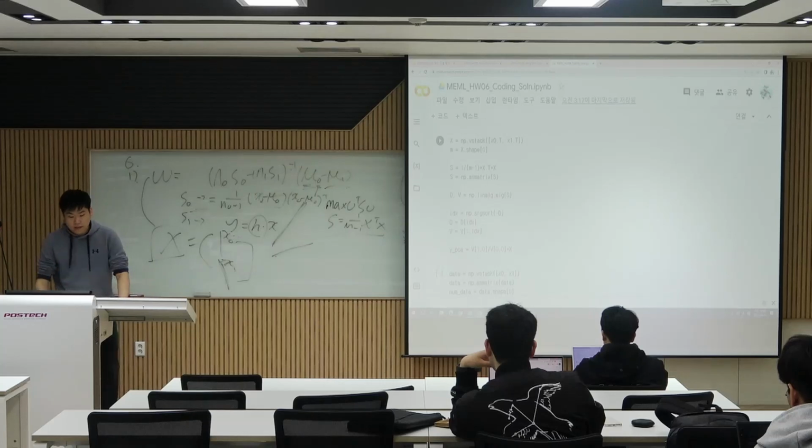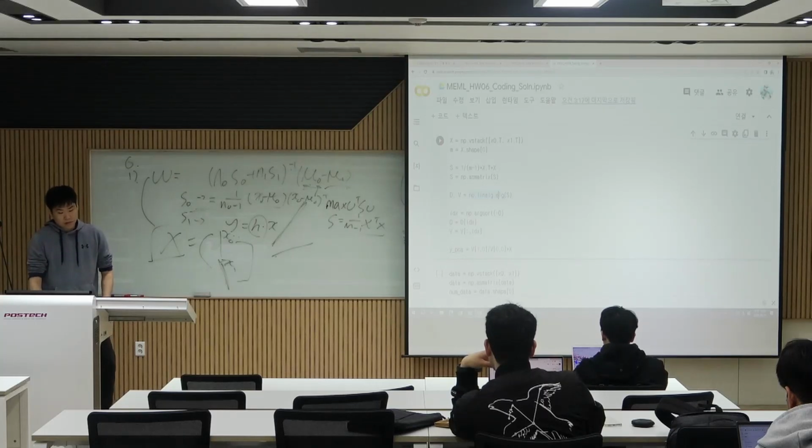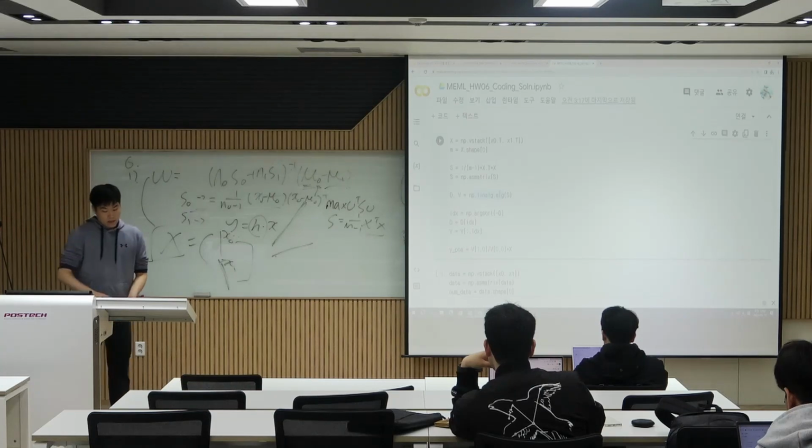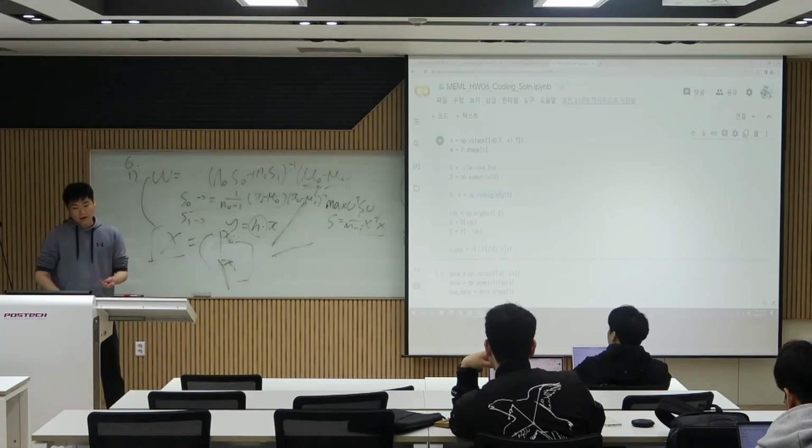So we find this X matrix here, and using this kind of function, this is basically eigenvalue decomposition or eigenanalysis on the matrix S. So we find eigenvectors and eigenvalues, and I know that D is eigenvalues and V are eigenvectors.